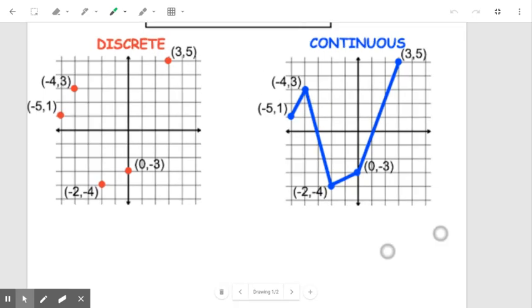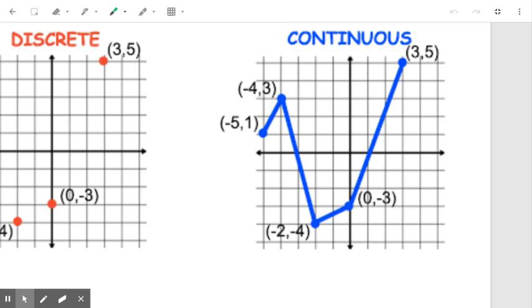I know that when we graphed these earlier and we were talking about domain, we're talking about how far left and right our x's go. And you'll notice I already put the points on here. So I know that my farthest point to the left is this one right here, and my x at that point is -5.